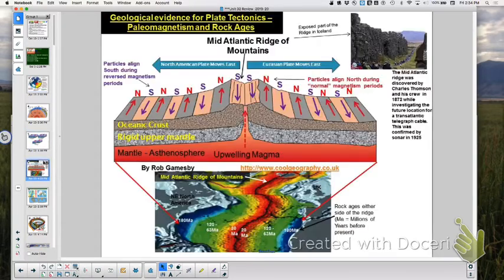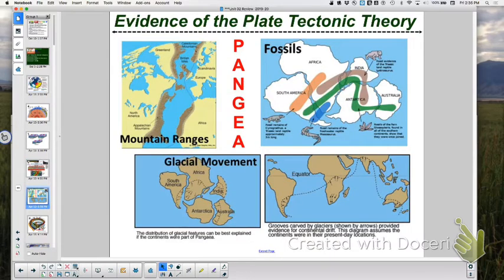Okay. Also, we can see that there's newer crust material right here at the seafloor spreading as far as the age of it, right? We can tell that. Oh, yeah, here we go. We looked at Pangea. And now, based on what we're learning right now in chapter 27, look right here with the fossils. Do you see how that's, remember what we were talking about on biogeographical evidence for evolution?